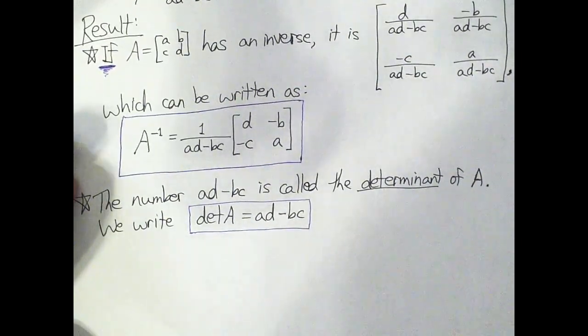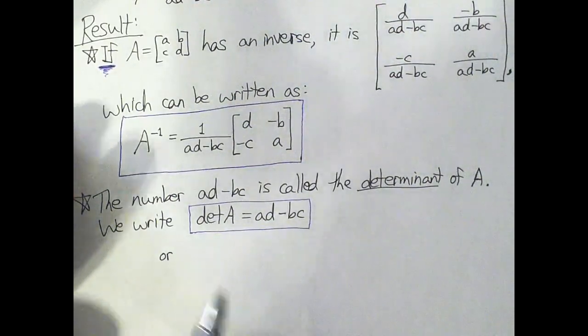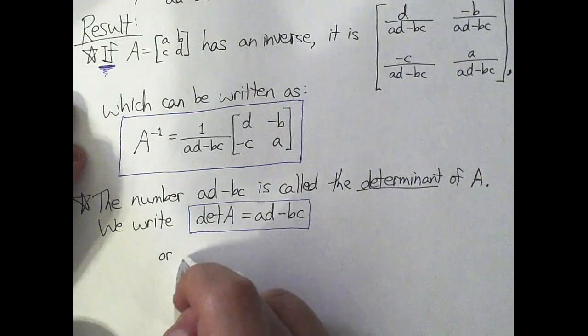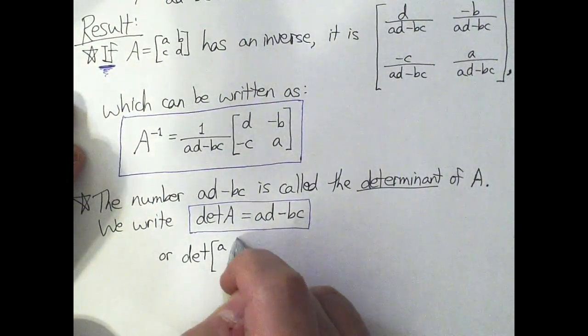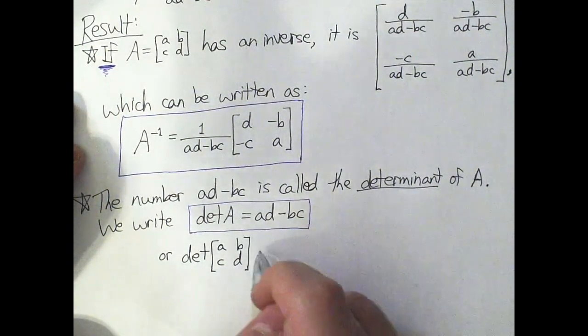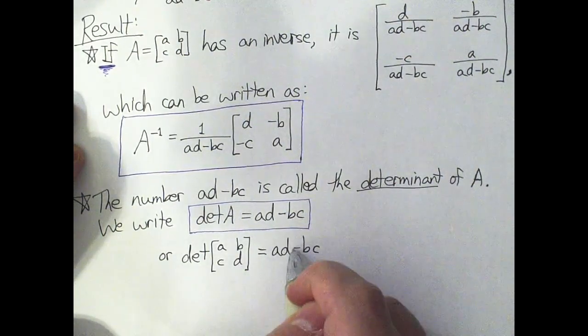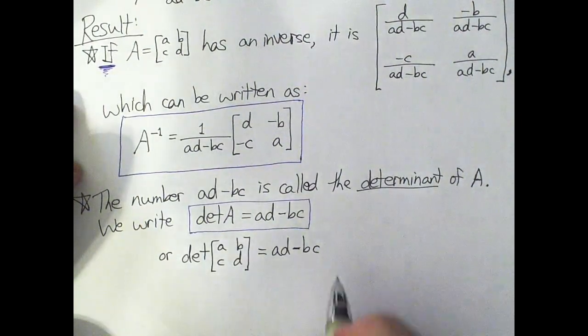There's also 2 other ways to write it. You can see that the determinant kind of plays a role in the inverse. Determinants are going to be pretty important for us. So another way that you could write it is you could write det and then just write out the whole matrix instead of capital A. And the determinant of that matrix is AD minus BC. So the determinant of a matrix is a real number, right?